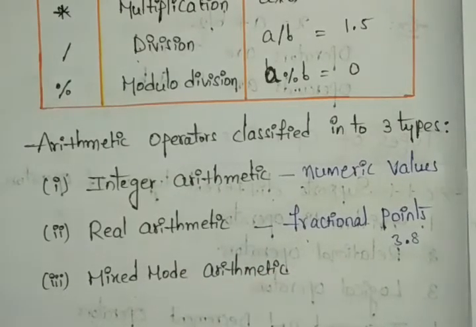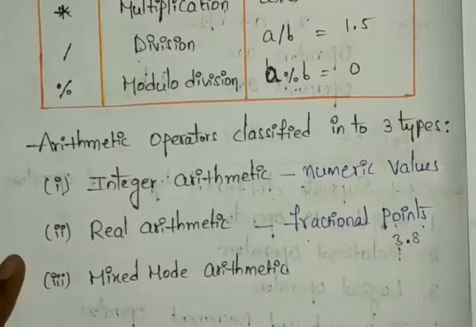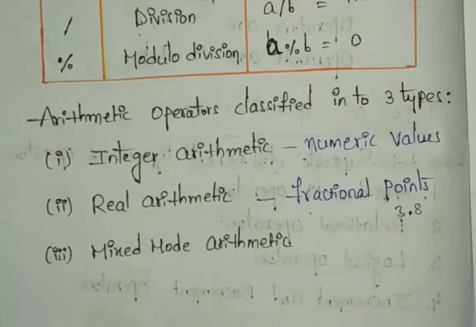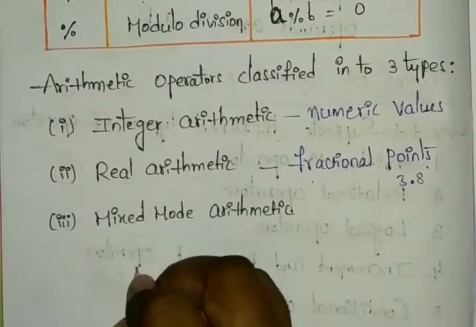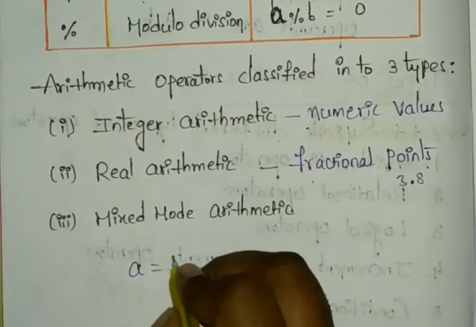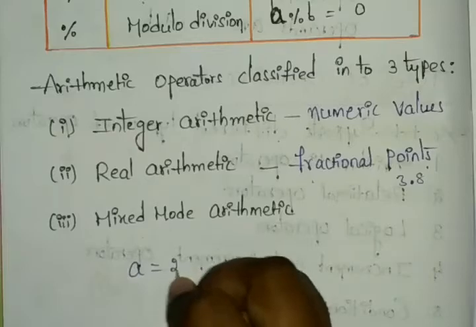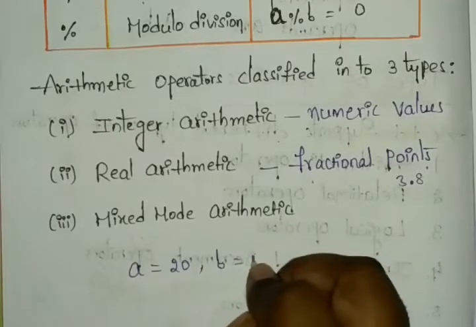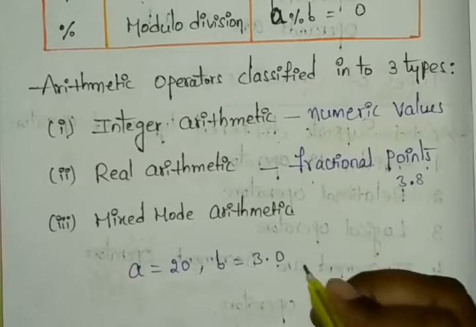And sometimes here we can perform the mixed mode arithmetic also. Mixed mode means here we can include the integer arithmetic and real arithmetic. For example, here I am taking A is equal to 20 and B equal to 3.0.